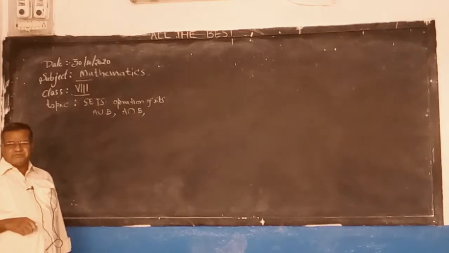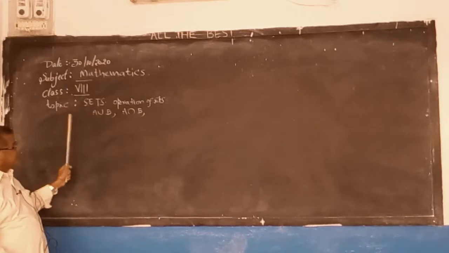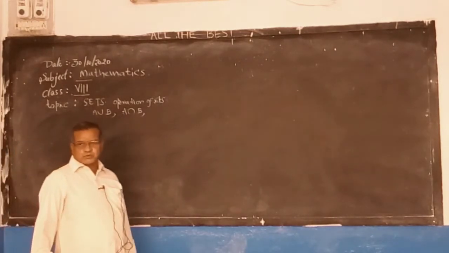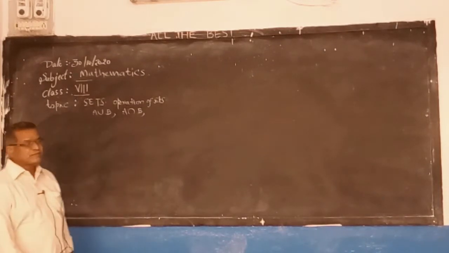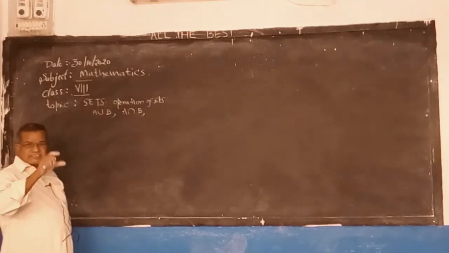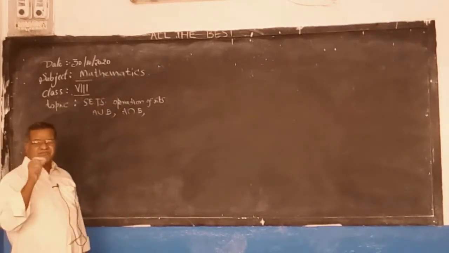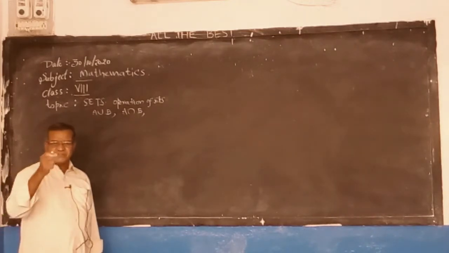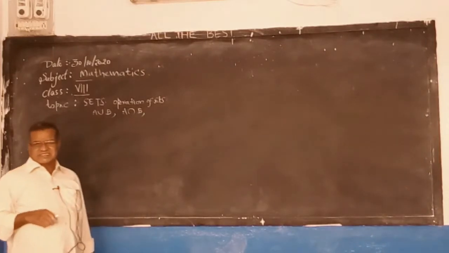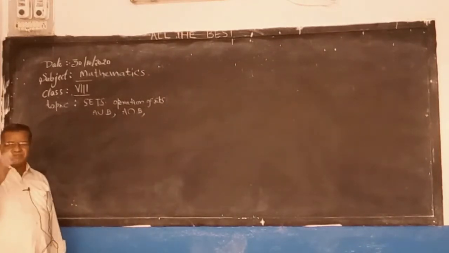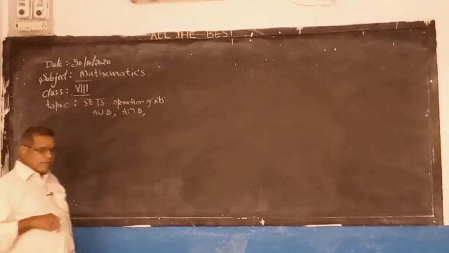You might have experienced it because I am explaining since 2 days. Set means nothing but a collection of well-defined objects: set of flowers, set of 8th class students, set of your friends, set of planets, set of natural numbers, set of even numbers, set of prime numbers, like that.